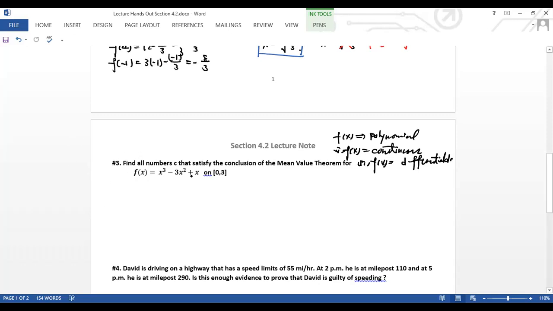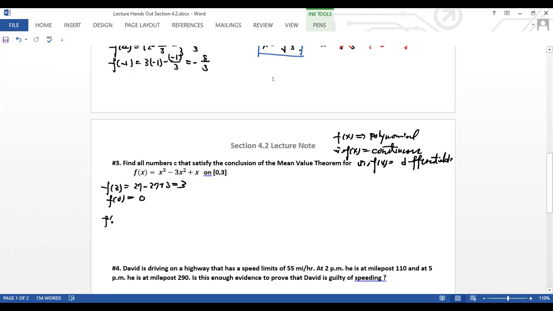Now for the Mean Value Theorem, first I need to find the endpoint values. f of 3 is 27 minus 27 plus 3, so it's 3. And f of 0 is 0.